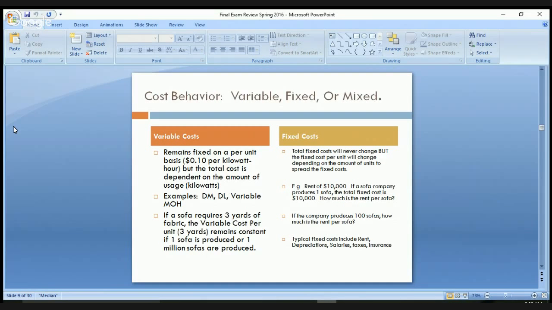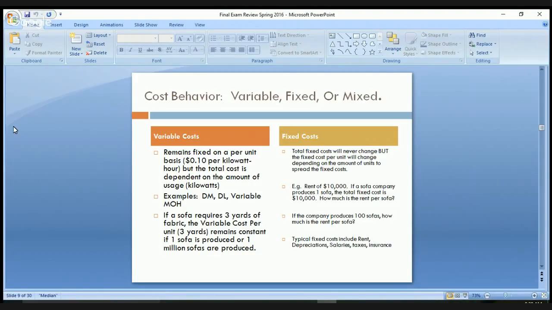Now, cost behavior: variable, fixed, or mixed. Variable cost and fixed cost. Variable cost is driven by the number of units that's produced, whereas fixed cost is a fixed number. Some examples of variable cost are direct materials, direct labor, and variable manufacturing overhead.